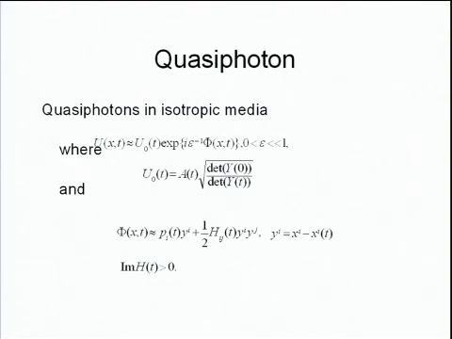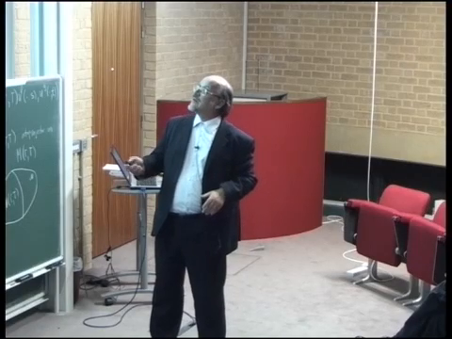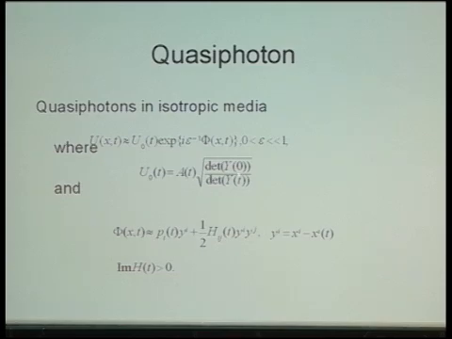So now we look once more at the quasi-photon and quasi-jet solutions. This is the same form I have written earlier. This is a quasi-photon, a quasi-photon in elastic media, for example. This is the main term of the asymptotic expansion written here.